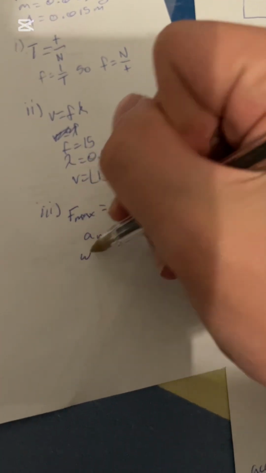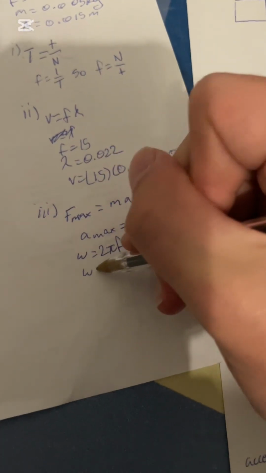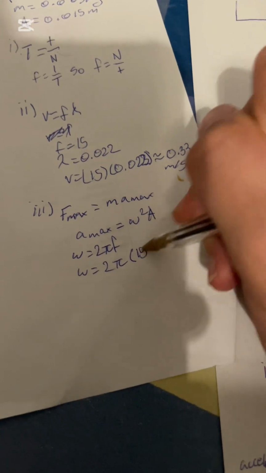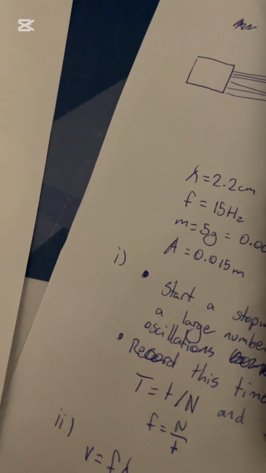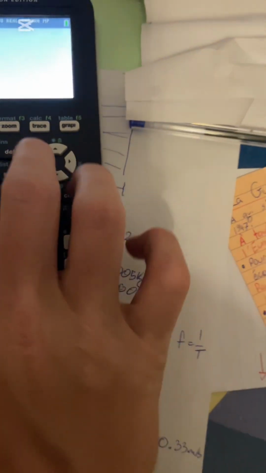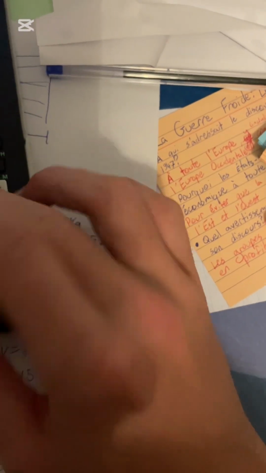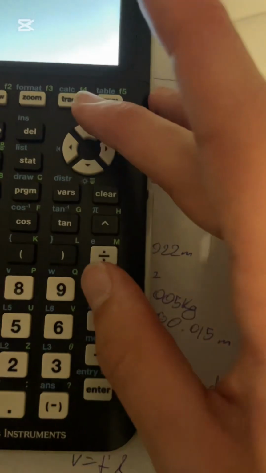We know that omega is equal to 2 pi f. So omega would be equal to 2 pi multiplied by 15. If we plug this into a calculator, we do 2 pi times 15. We end up getting 94.